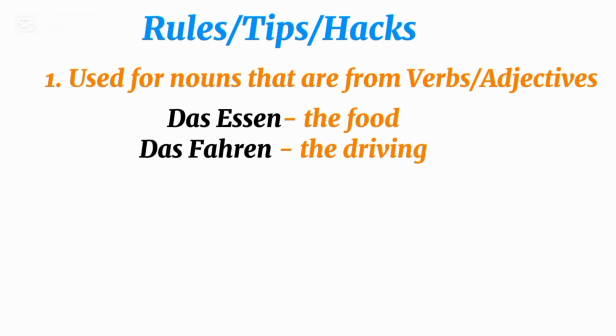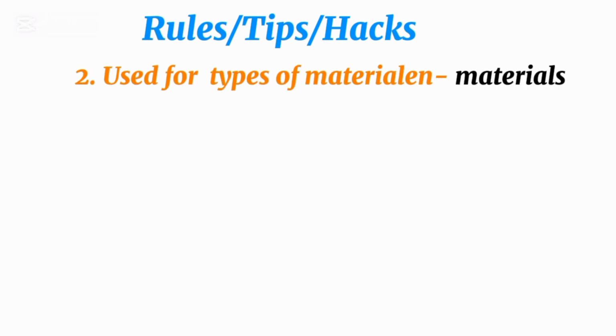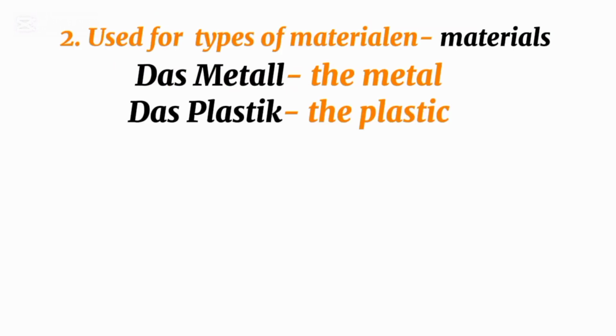Next are the materials, like metal or glass. For example, the material used to make a bed is wood. The material used to make a carpet is maybe wool. And at A1 level, there is a subtopic called Materialien. Materialien is all about the materials.